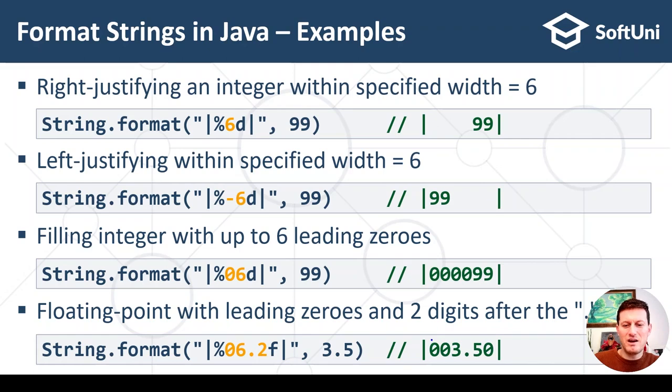So this 6 means that this will be 6 positions. This 0 means that we'll put leading zeros to fit up to 6 positions in the output. The .2 means to have exactly 2 digits after the decimal point, and f means floating point number. So this is how this works.